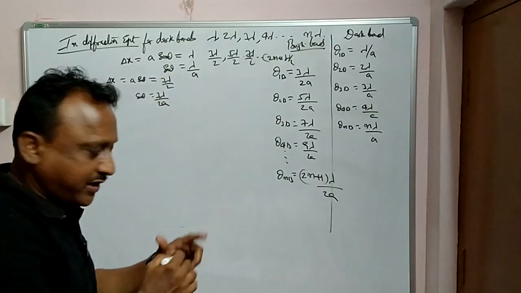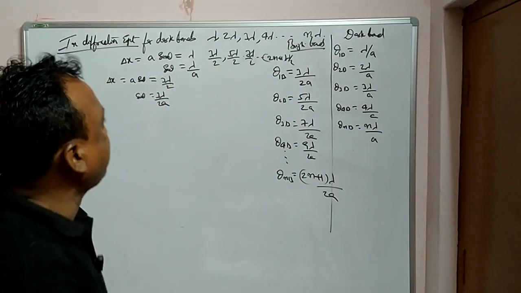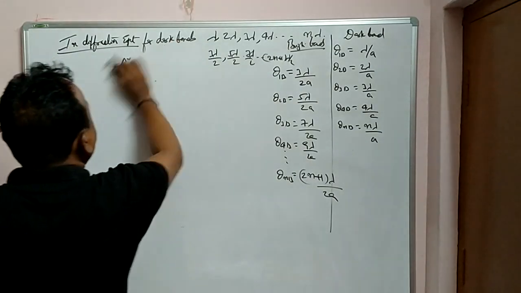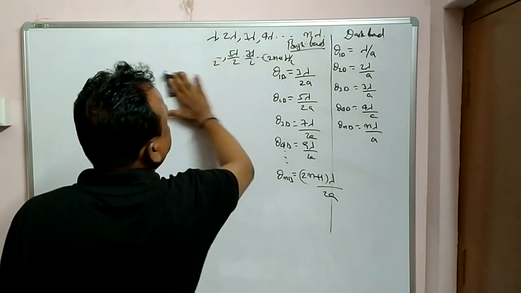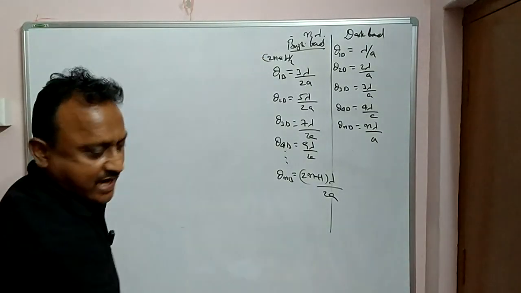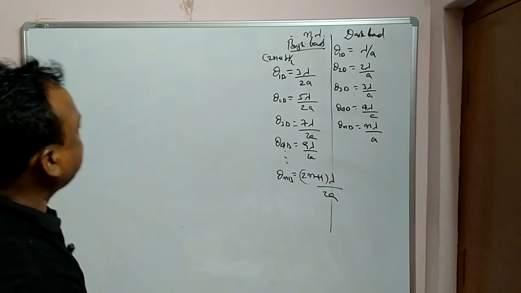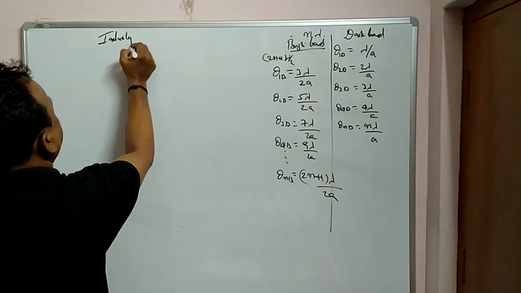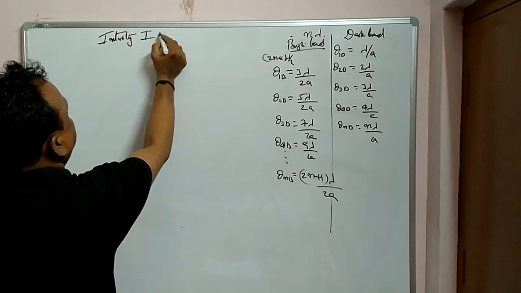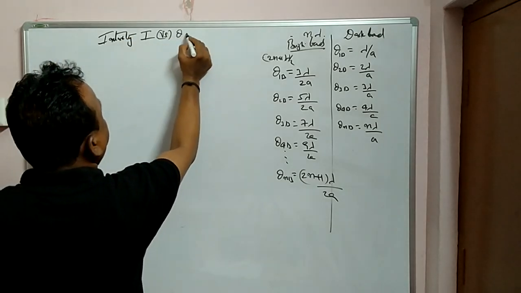Now what we'll do is, we'll draw a small graph, very important. Let us draw a small graph in diffraction. That graph is intensity versus theta, or sin theta.